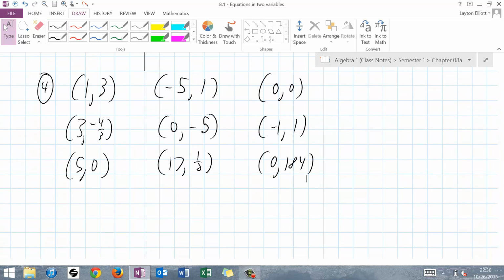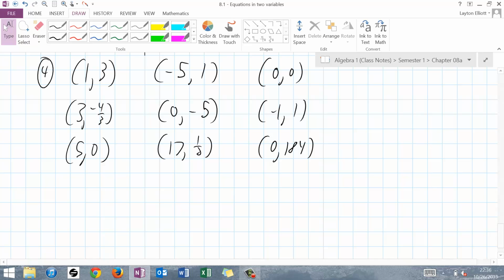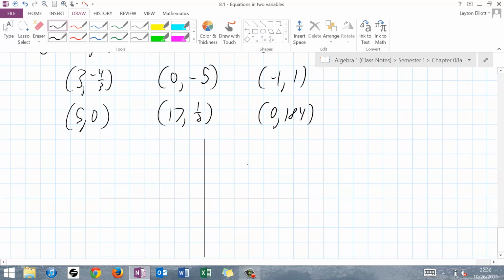And I want you to tell me which of the regions these are in. And I'll give you your options. Just like up above, we're going to have 9 different regions that you can say. You can say quadrant 1, quadrant 2, quadrant 3, quadrant 4. You can say positive x-axis, negative x-axis, positive y-axis, and negative y-axis.